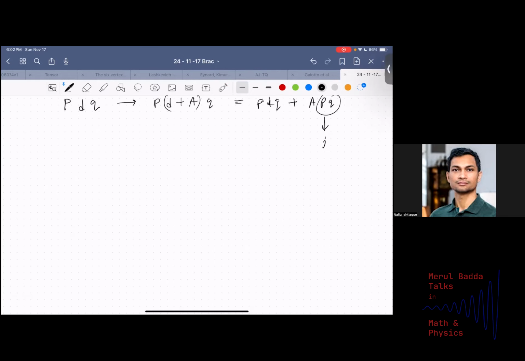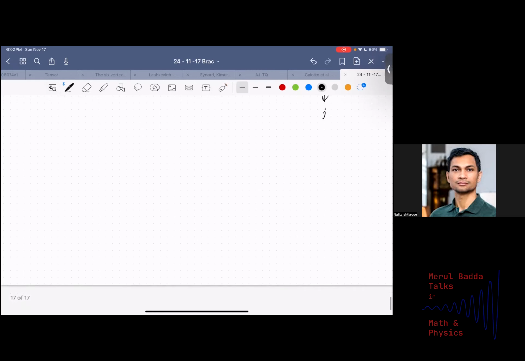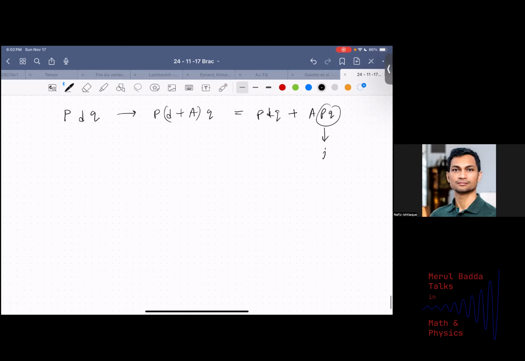When you have a zero-form symmetry, as in this case, the background connection is going to be an ordinary connection, something like A mu. And you have a conserved current, which also has a single index, because it's a vector, j mu. So by contracting them, you have a scalar, which you can integrate over your spacetime to write down a term in a Lagrangian, right? Great.